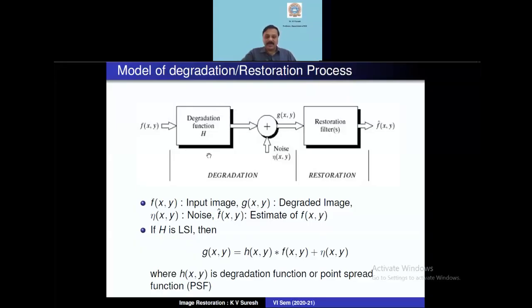We will assume that this black box, or this system, which is going to blur the input image f and give me a blurred image, has a specific property, which is the linear and shift invariant property.